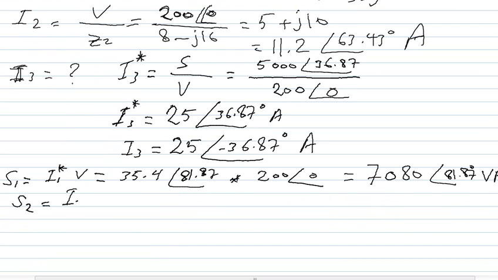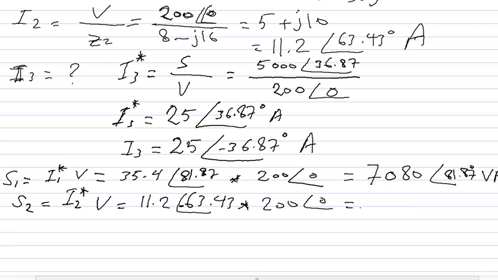S2 is I2 conjugate times V. I2 is 11.2 with angle 63.43 multiplied by 200 with an angle 0. Here the angle is opposite because it's the conjugate.